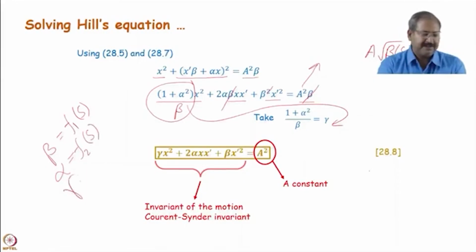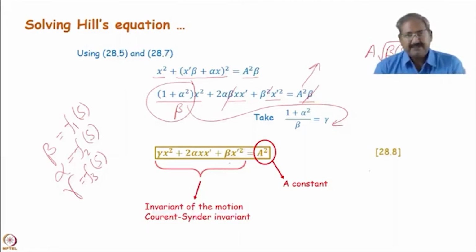And gamma is also a function of s. So in the LHS part of this equation, we have 3 parameters which have s dependence. And also we have x and x prime, which are the coordinates of any particle's trajectory along s. They also vary with s. So the LHS part is a function of s, while the RHS is a constant.